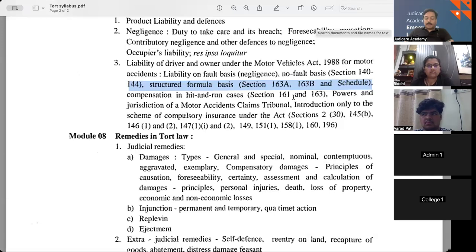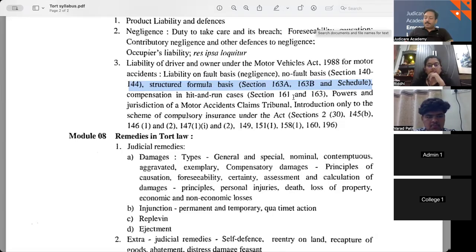Subsection 4 says a scheme made under subsection 3 may provide that a payment of such sum as may be prescribed by the central government be made as interim relief to any claimant under such scheme. And B, a contravention of any provision thereof shall be punishable with imprisonment which may extend to 2 years or with fine which shall not be less than 25,000 rupees but may extend to 5 lakh rupees, or with both.